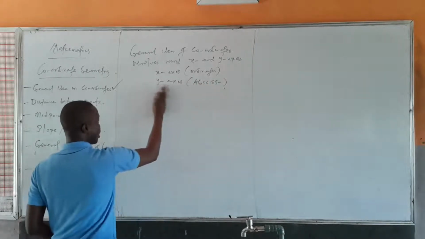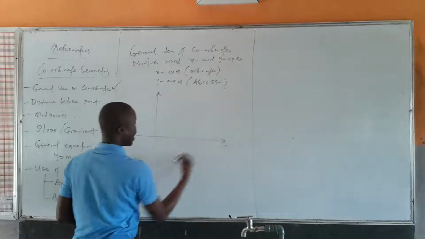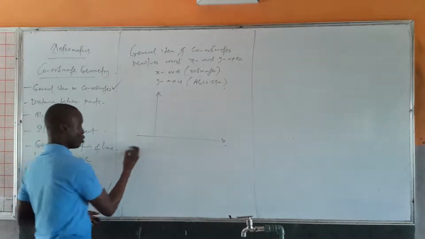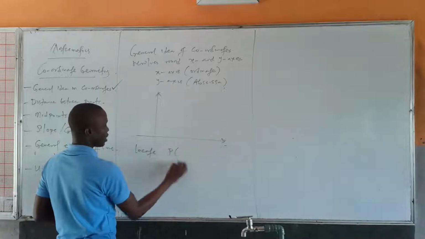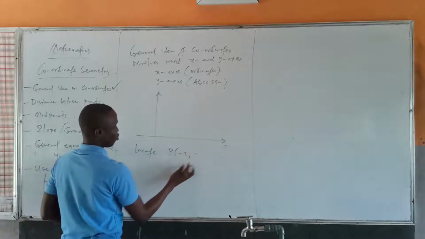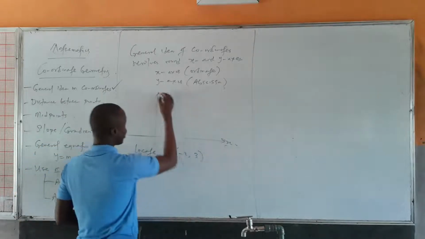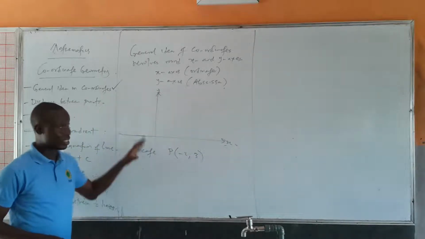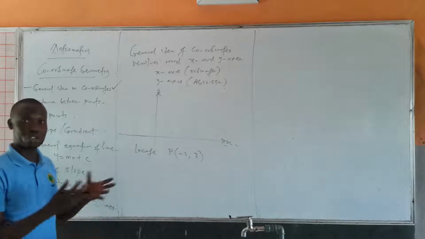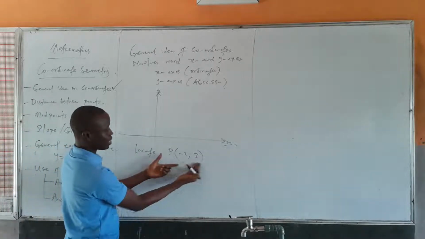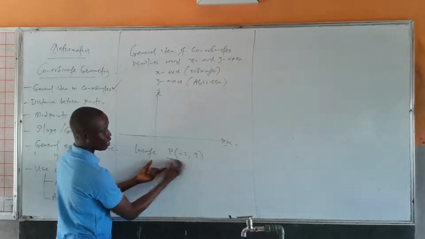If you have a point to describe on your x and y axis, for example, you have to locate the point minus 2, 3. This is the x axis, this is the y axis. Don't forget this is a sketch, not a plot, so I can just locate the point.